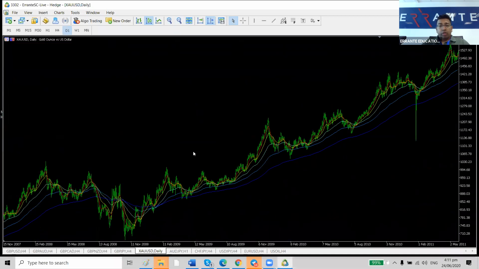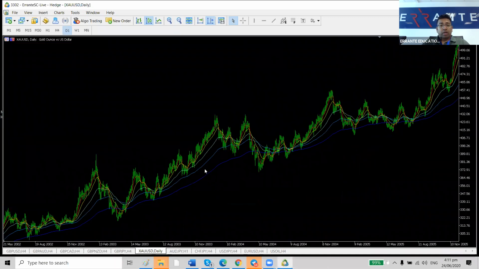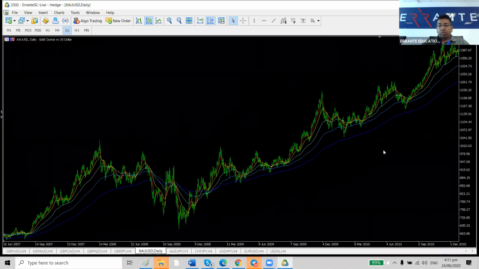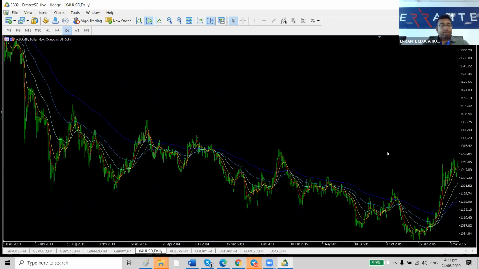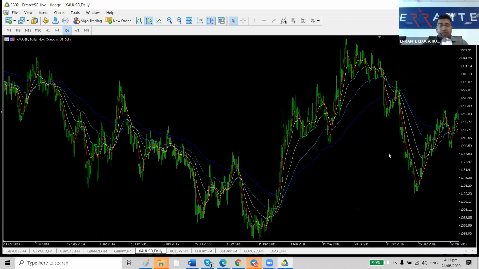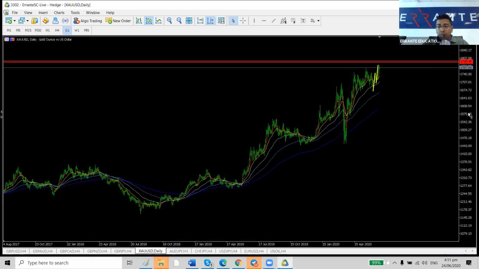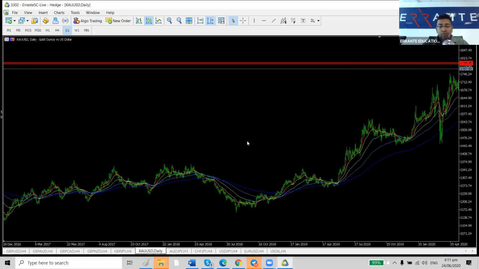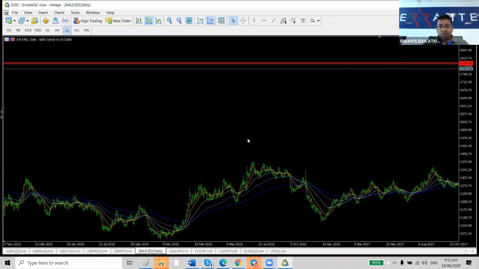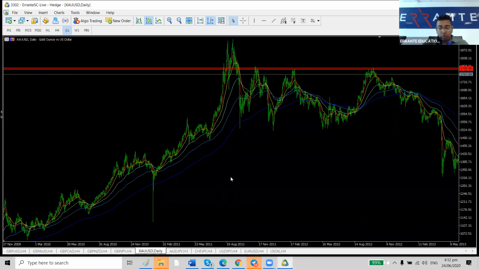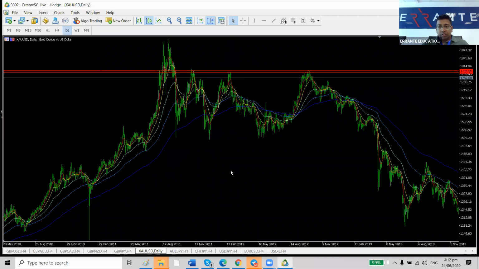Okay, it does not really show the current price, so that means it's really far away from the current price. Okay, there's lots of resistance there as well.